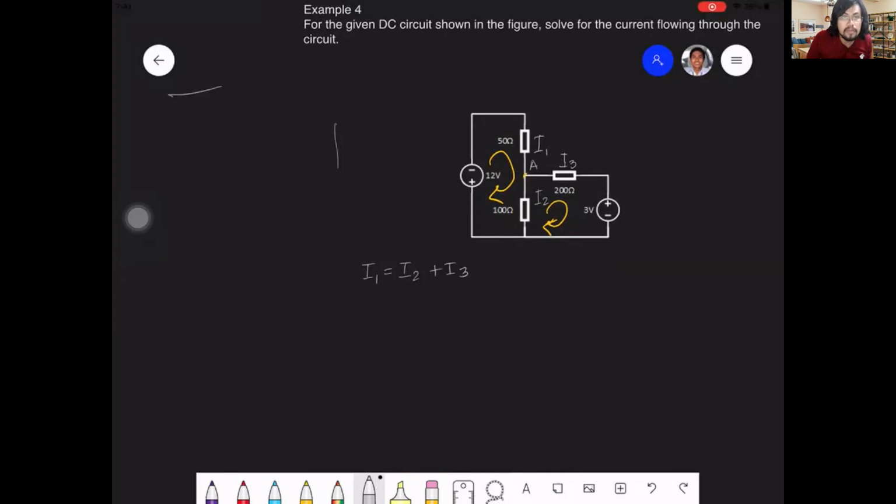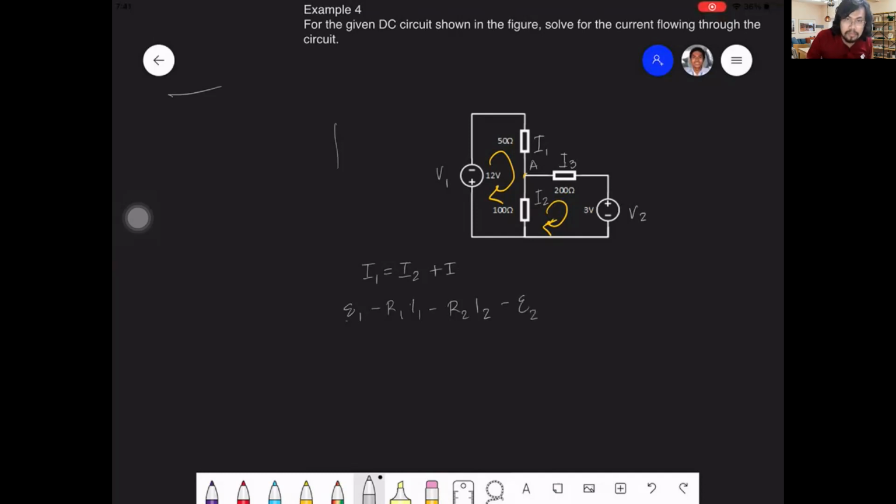Let's have E1. This is again voltage 1. This is the voltage 2. This is representative of the EMF across the E1. So we have E1 minus R1 times I1 minus R2 I2 minus E2.